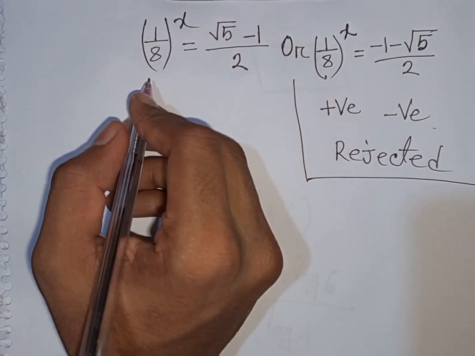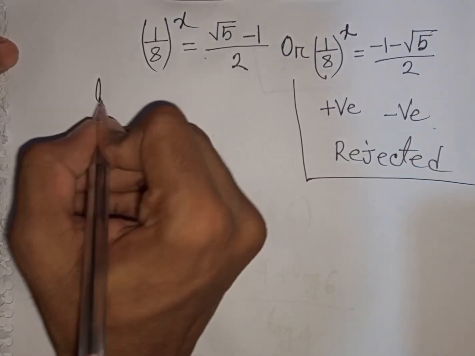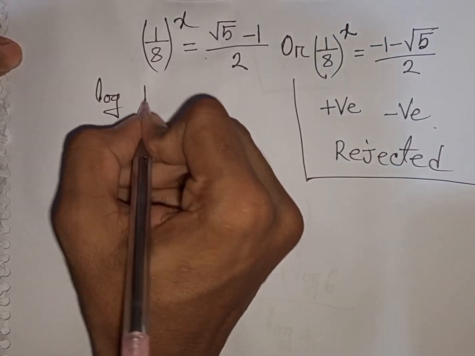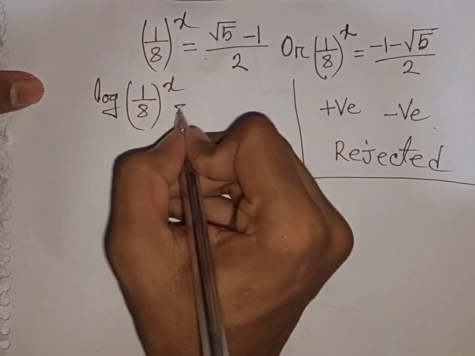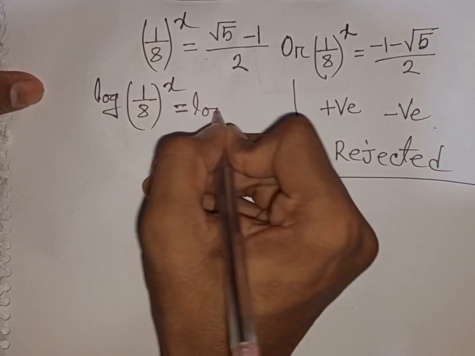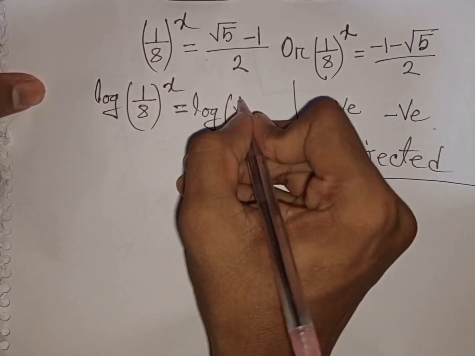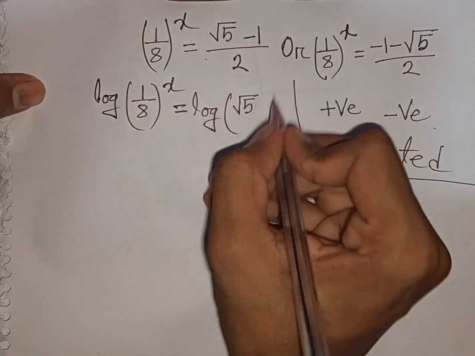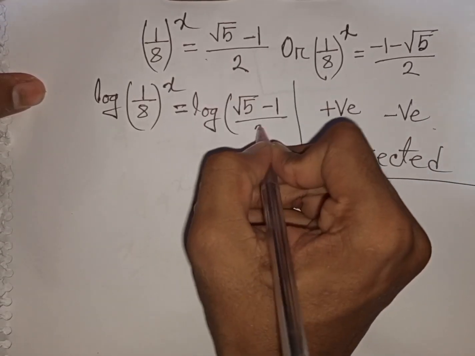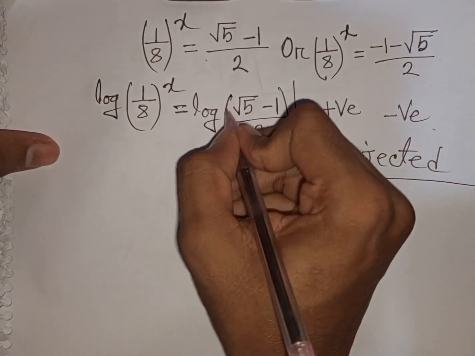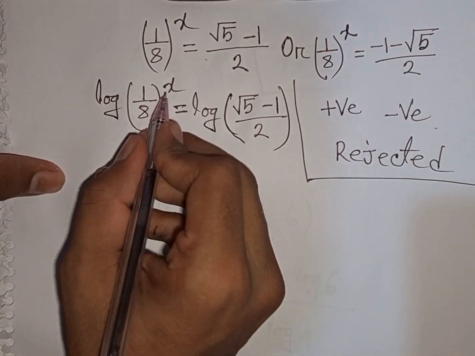Now, from here we take log on both sides. So, you can write log of (1/8)^x is equal to log of (square root of 5 minus 1) divided by 2. Now, this power x will move to the front.